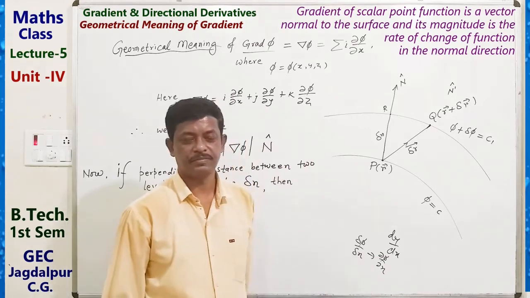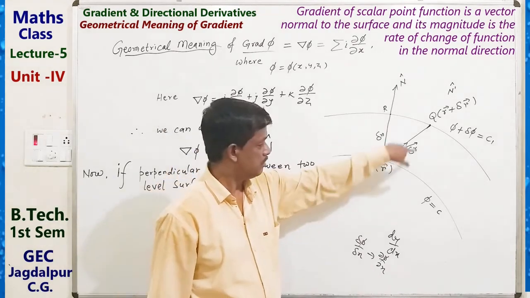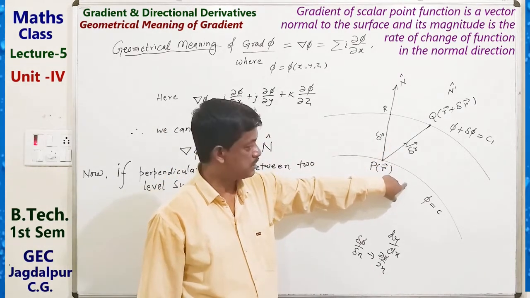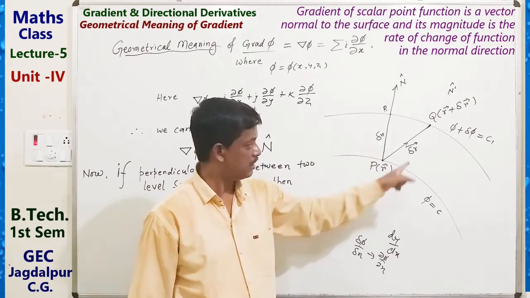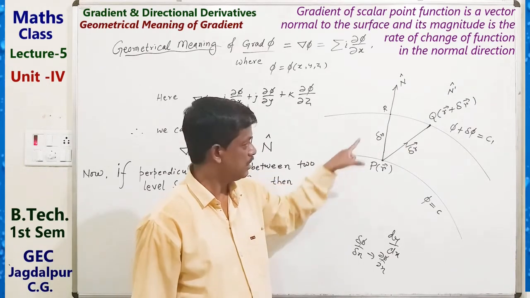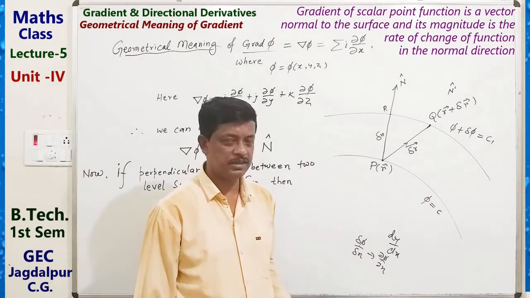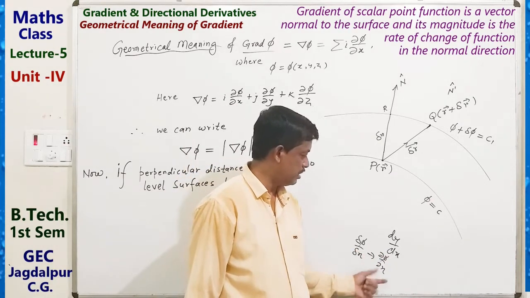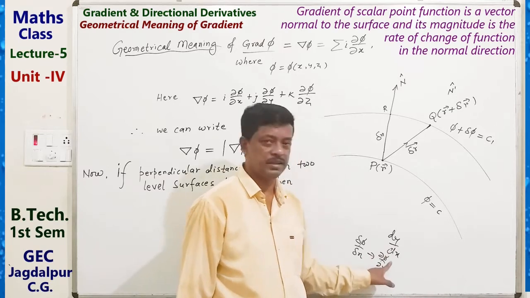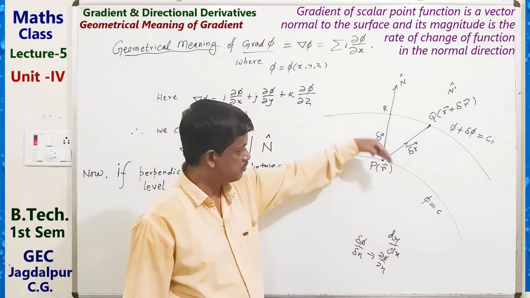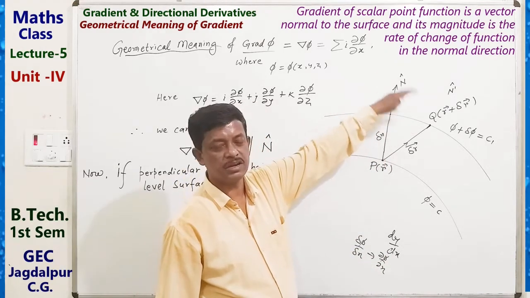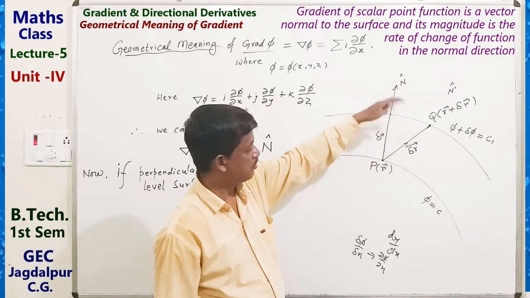When Q lies on this surface, delta phi tends to 0, and in that case delta n also tends to 0. So del phi by del n is the partial derivative, the rate of change of phi, because this is phi, and in this direction phi will increase.